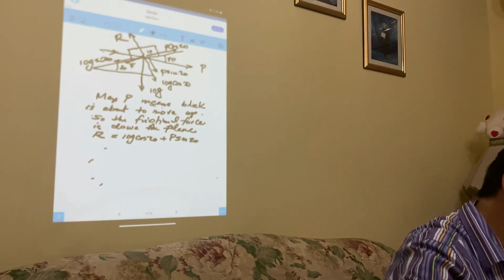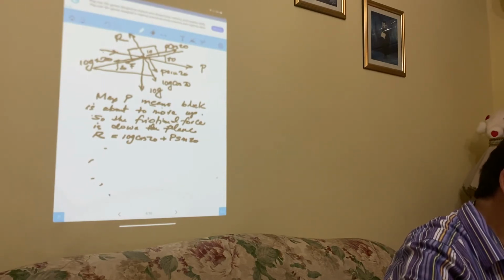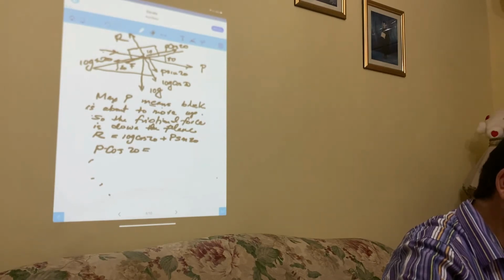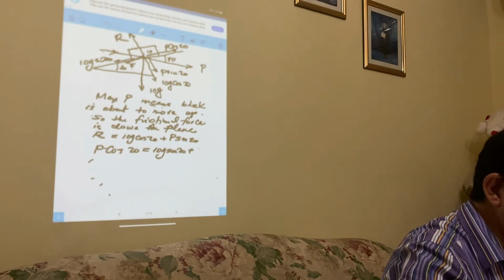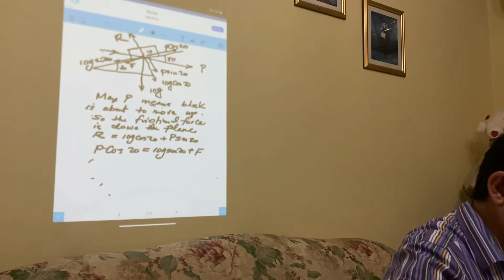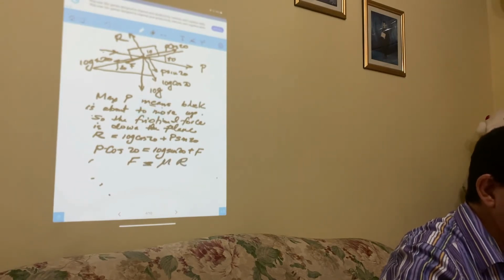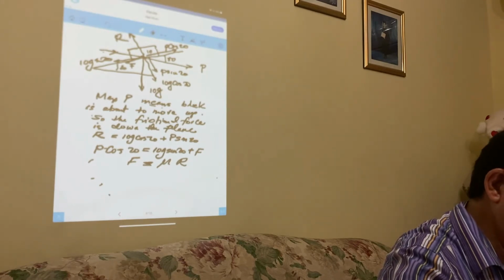And resolving along the plane, P cosine 20 equals 10g sine 20 plus F. And we have the equation F equals mu R, with mu obtained from the first part of the question.